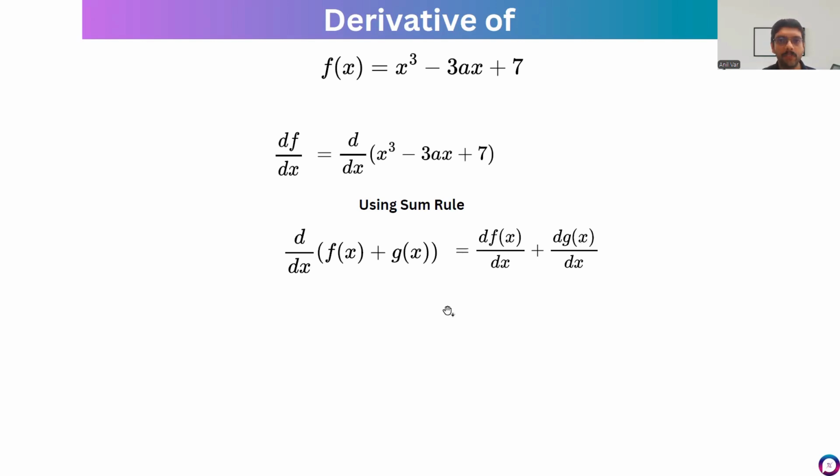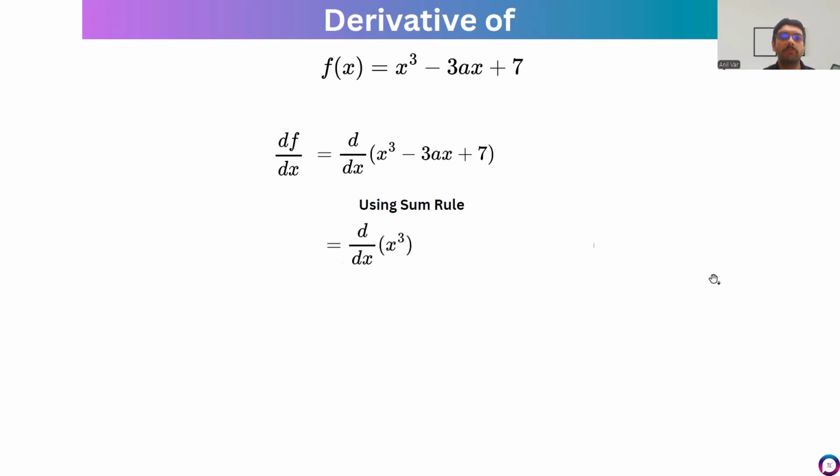So in this case, you have 3 terms. Same principle. The derivative of the entire sum is equal to the derivative of the first term, so d by dx of x cubed, we take the minus sign out, d by dx of 3ax plus d by dx of 7. Simple, sum rule.